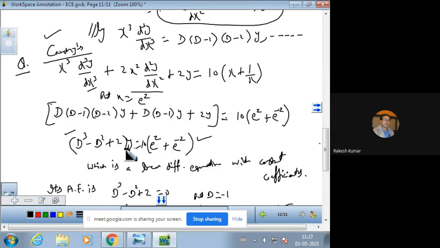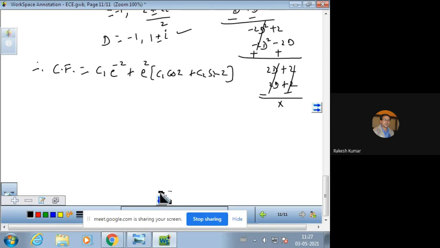Now the dependent variable is the same, that is y, but the independent variable is transformed from x to z by substituting x equal to e power z. So that is why we have to write down the complementary function in terms of z. But at the very last, after finding the particular integral, when we write the complete solution, we will put z in terms of x. This is what we shall do.